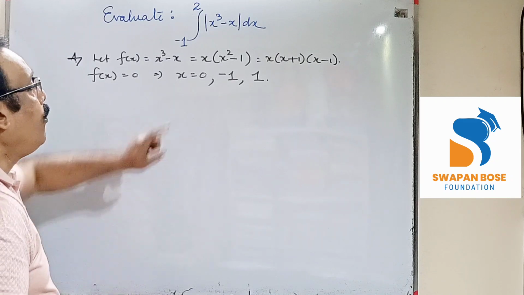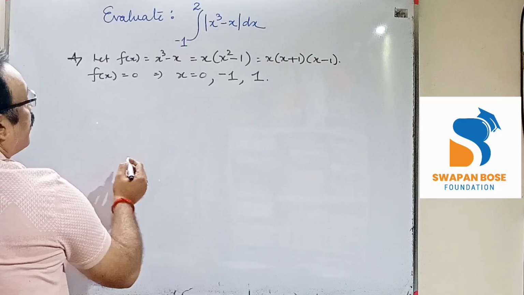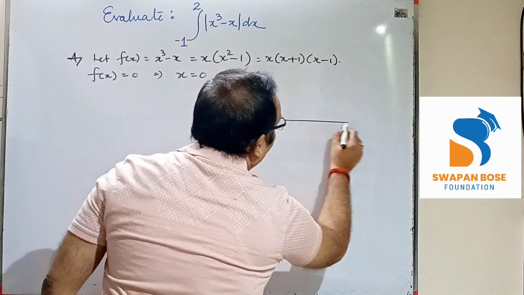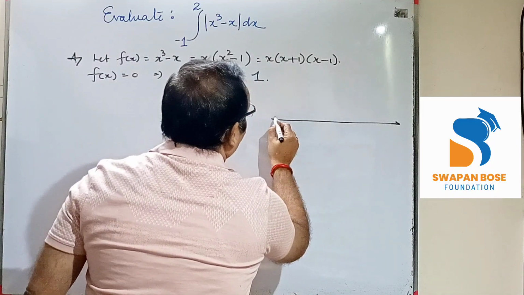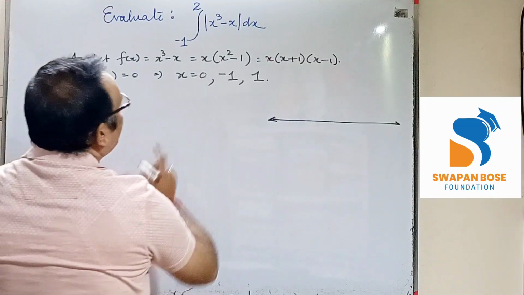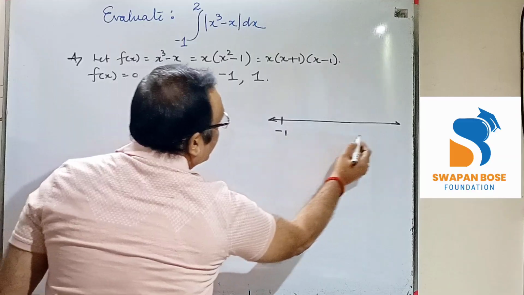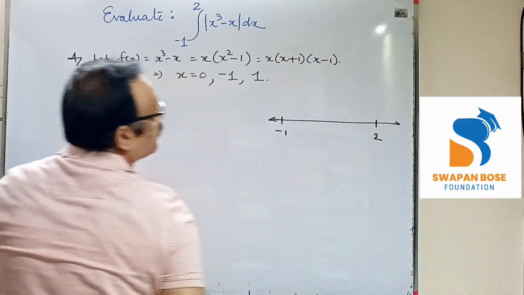Whenever you get these modulus sums of definite integrals, first and foremost, you draw a number line. On the number line, first we mention the limits that are given, that is minus 1 to 2.